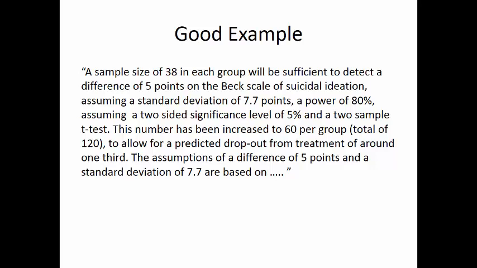And then assuming a standard deviation of 7.7 points and a power of 80%, assuming a two-sided level of significance of 5% and a two-sample t-test. So what's the level of variability? What's the power that we're achieving? Is it a two-sided test?